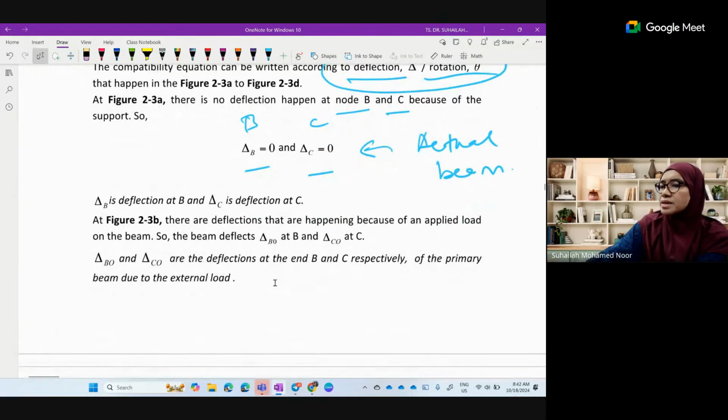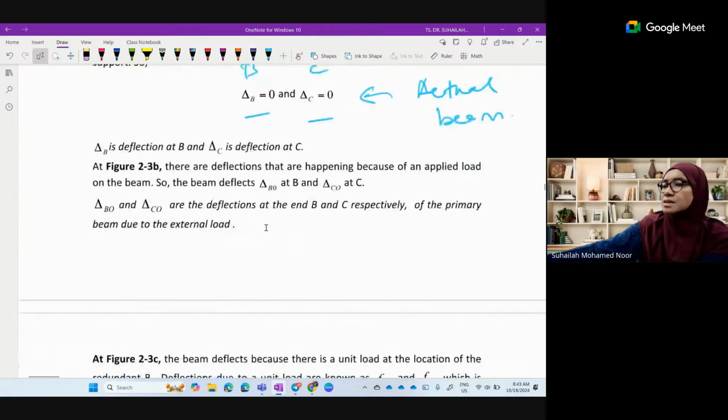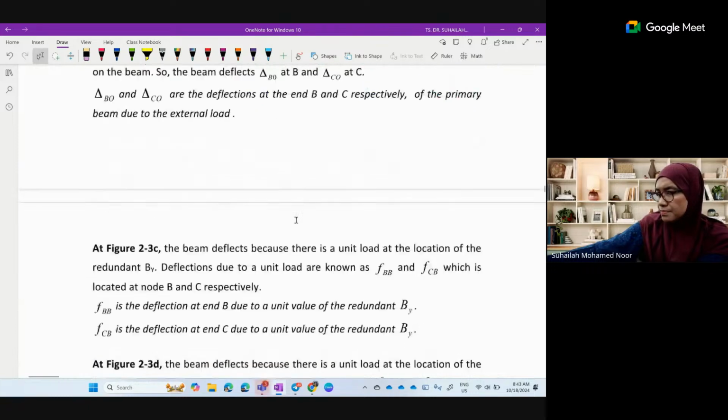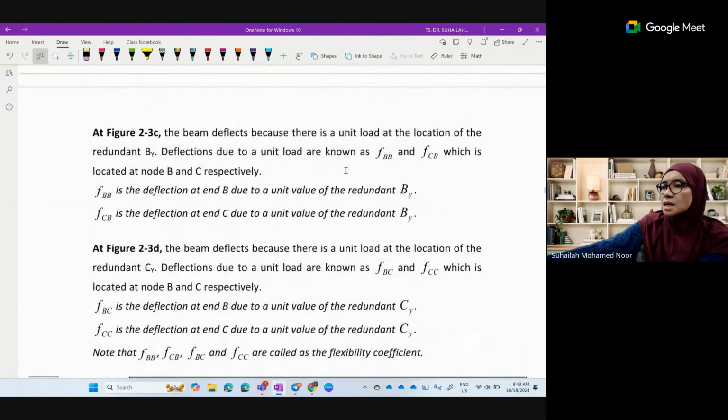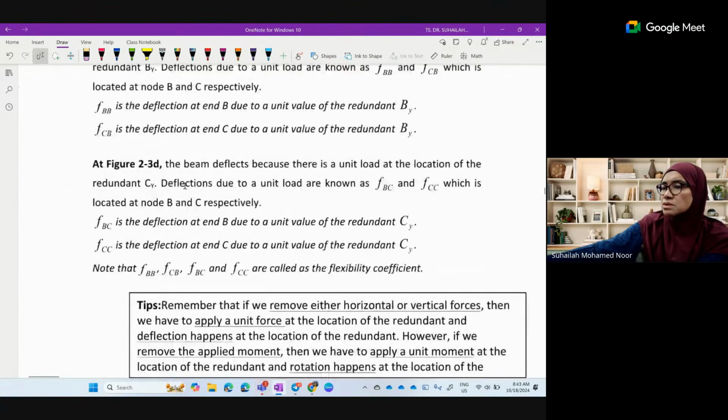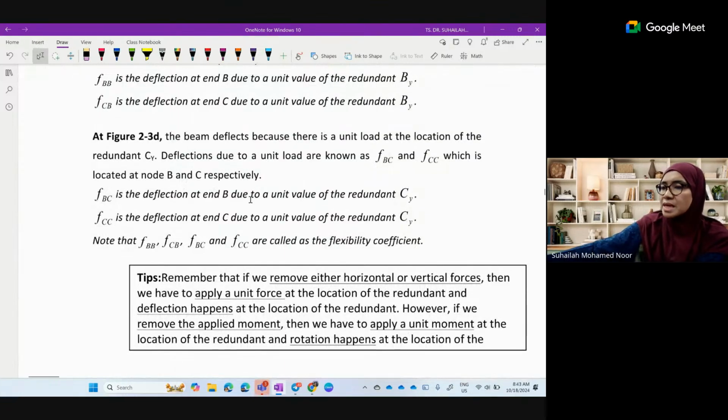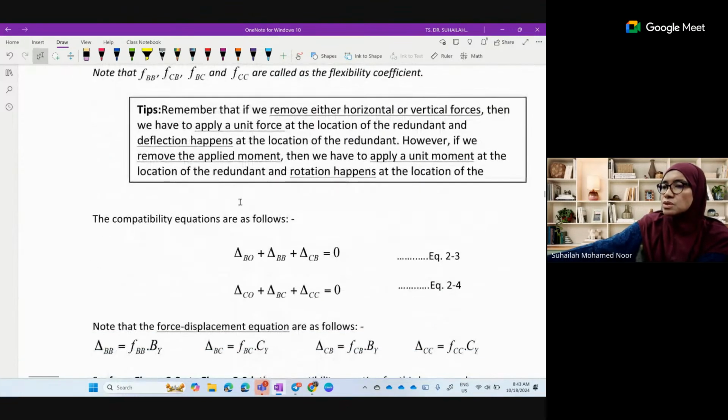Okay, all these are just explanation yang tadi yang saya tunjuk, explain what is delta B naught, delta C naught, right? So the meaning, okay, so FB, FBC, yang sama yang saya tulis kat atas diagram tadi. Okay, so now we will write two equations. Two redundant means two equations. 3 redundant, 3 equations.